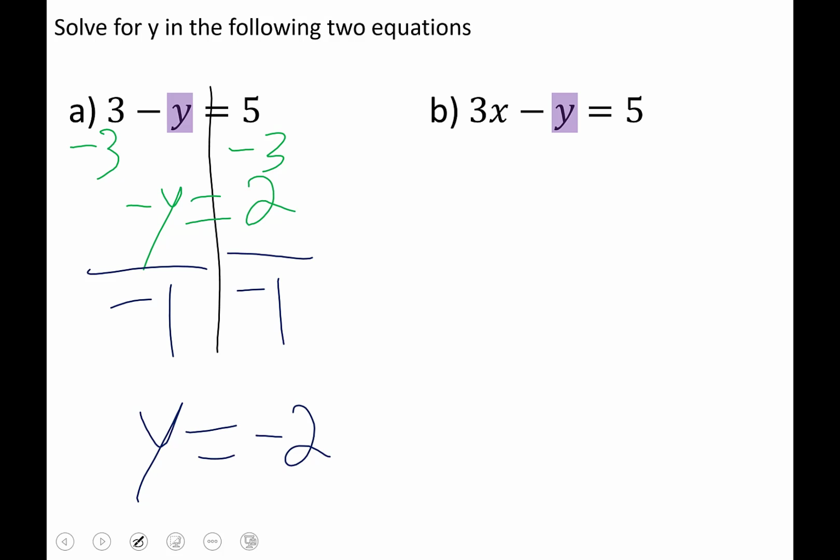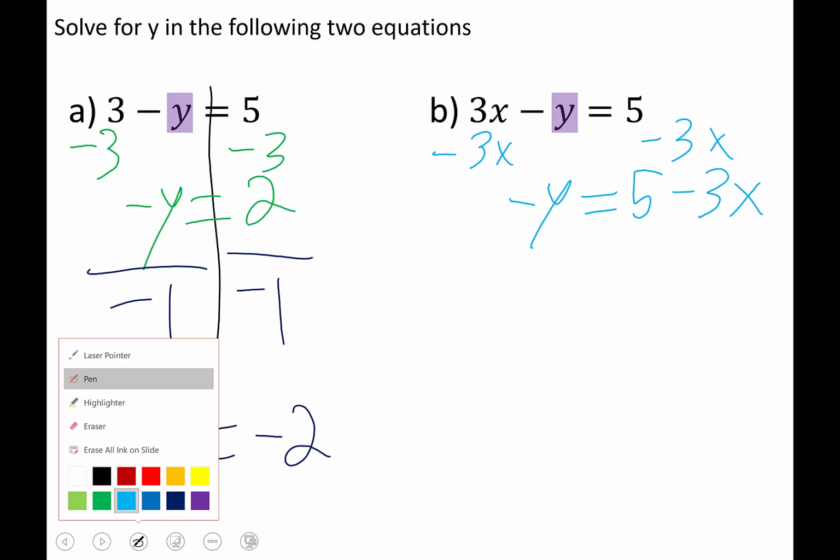So let's look at solving the second equation. Again, I've got a very similar equation, except this time I've got 3x minus y. The steps are still going to be the same. Subtract 3x, and I get negative y is equal to 5 minus 3x, since those are not like terms, so I have to leave it as 5 minus 3x.